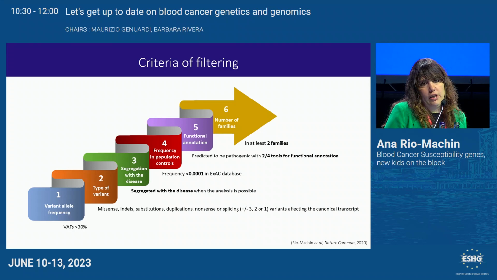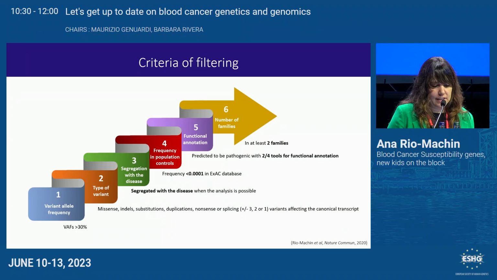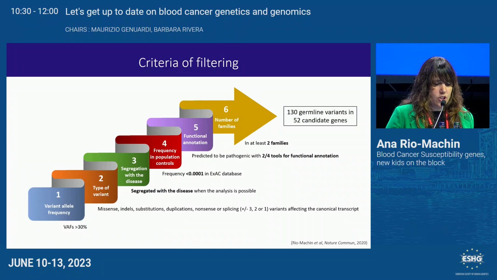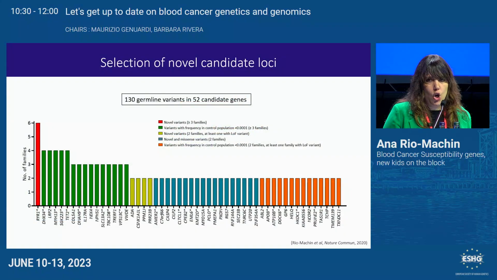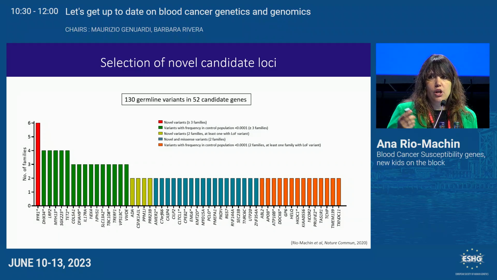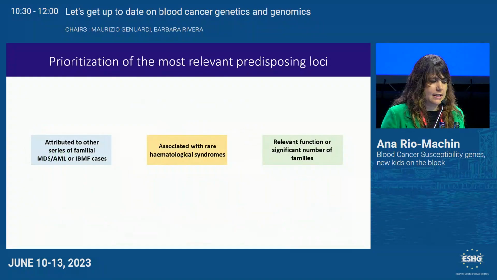We only picked up mutations with a very low frequency in gnomAD and ExAC databases, and predicted to be pathogenic in at least 2 out of 4 functional annotation tools. And we only selected genes that were mutated in at least 2 of our families. This came up with 130 germline variants in 52 candidate genes that are represented here. Still a lot of genes. We published this data, but we also wanted to follow other criteria to select the most relevant genes.